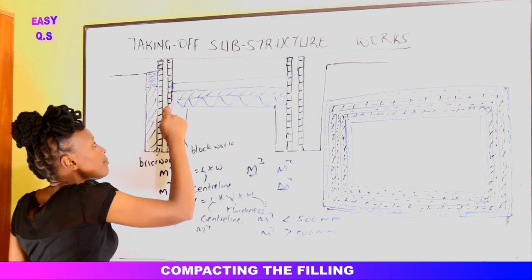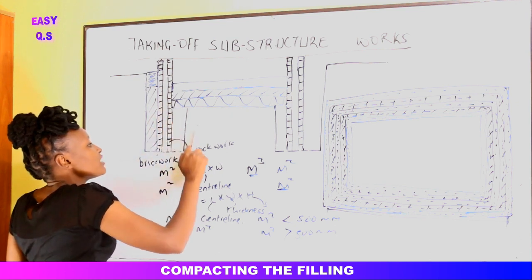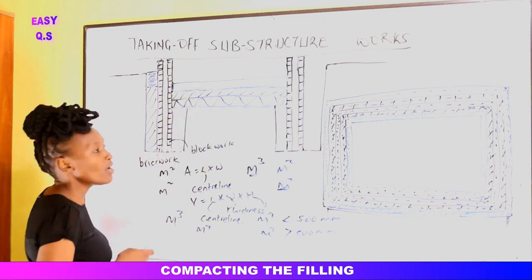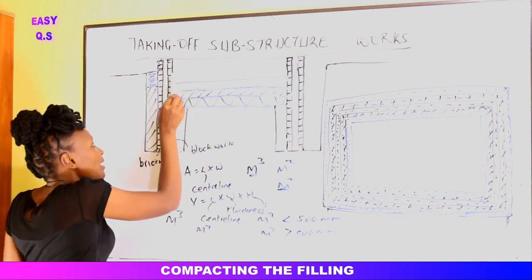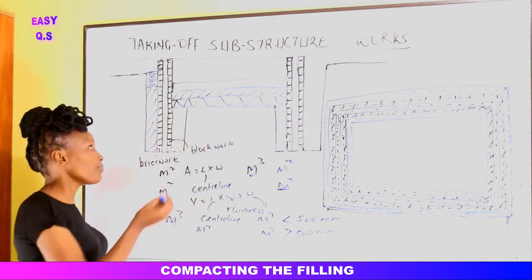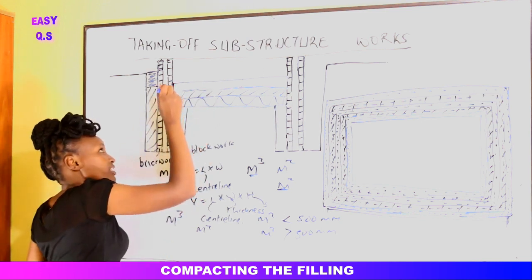We have already placed a damp proof membrane here to prevent any water rising from the ground to reach the concrete floor. But then there is water coming from outside the building, so that it doesn't come to the floor, we place a DPM on the sides.